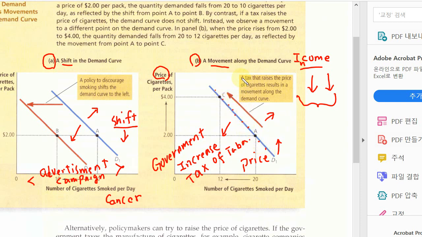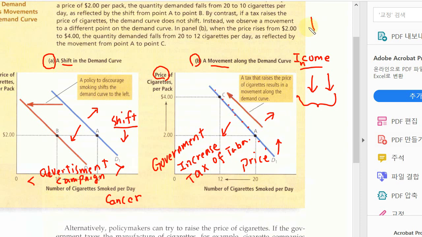Once the factor is shown on the demand curve, like price, in this case the demand point is moving along the curve like this. But when the factors are not shown in the demand curve or in the graph, other factors, I gave you one example: income.